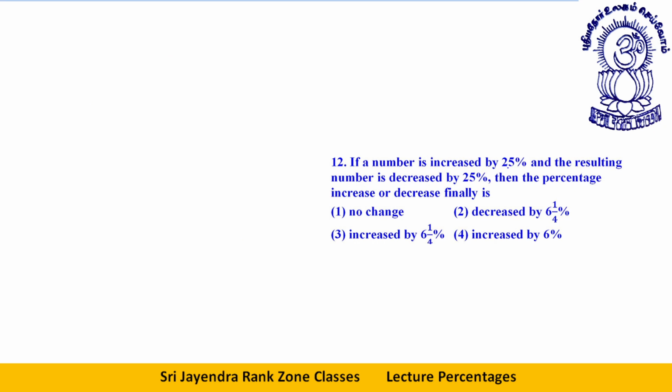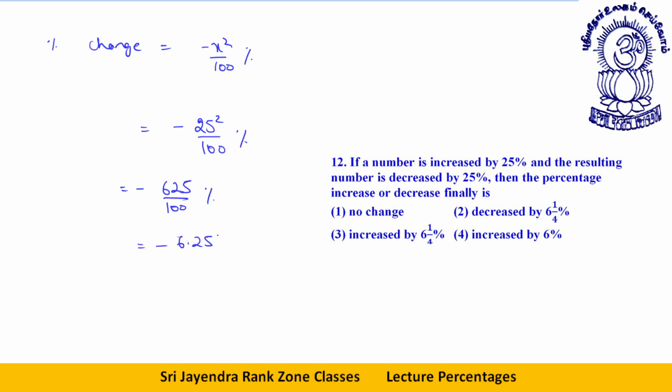A number is increased by 20% and the resulting number is decreased by 20%. Then the percentage increase or decrease finally is, so the percentage change directly will be minus x square by 100%. That I can say minus 25 square by 100, minus 625 by 100%, or you can say minus 6.25%.